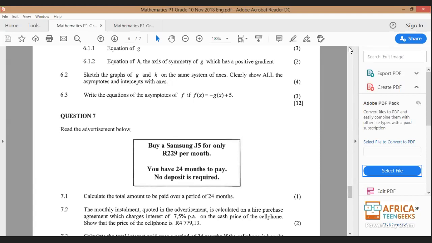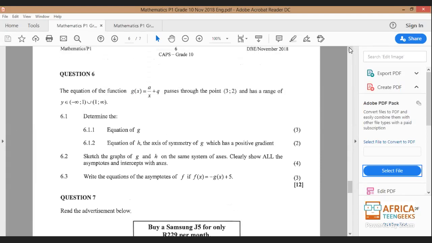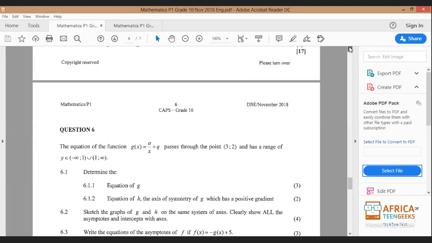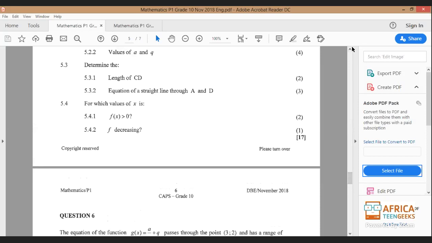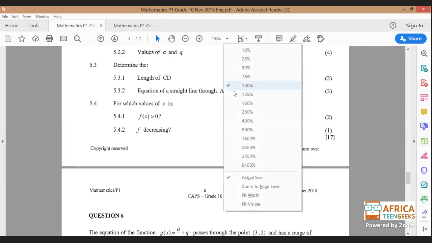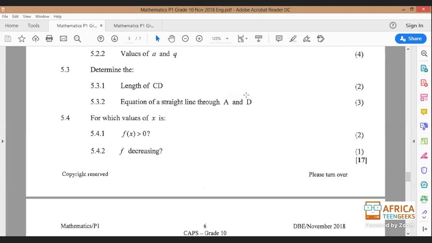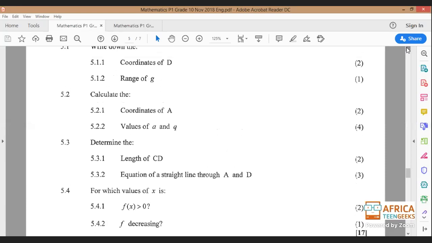At the end of the day, you need to know what's right for you and what's working for you, boys and girls. So now, who can tell us what is the length of CD? Okay, I need to increase my screen. Perfect. The length of CD, guys.